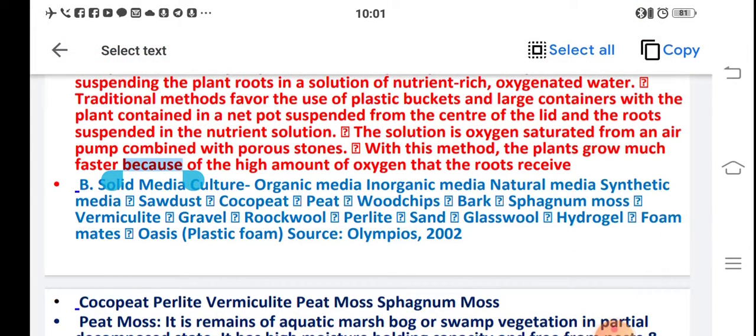Then wood chips, bark, sphagnum moss, vermiculite, rock wool, rocks, very hard chips, glass wool, hydrogel, foam mats, and Oasis, that is plastic foam, may be used as a medium.